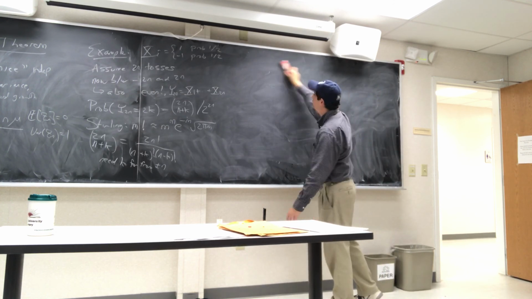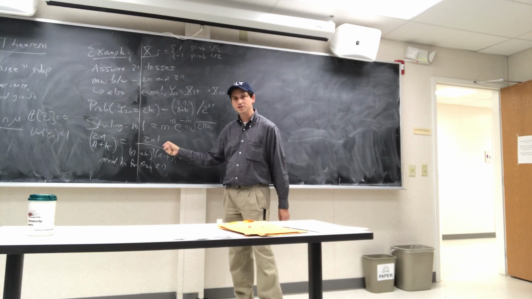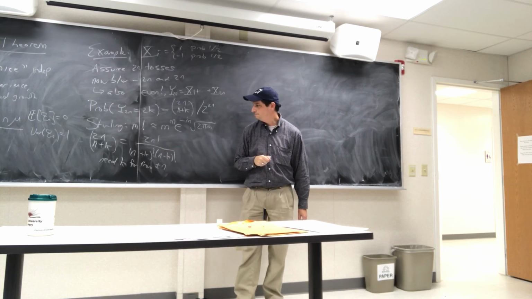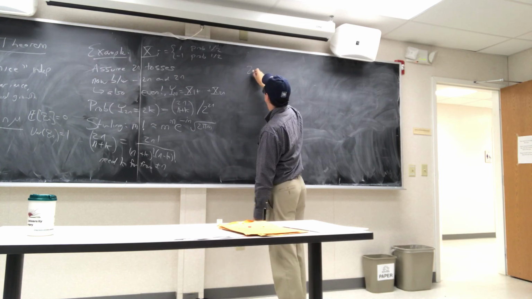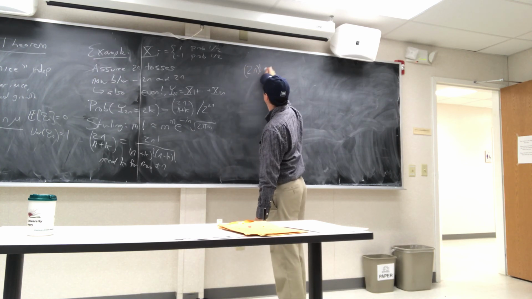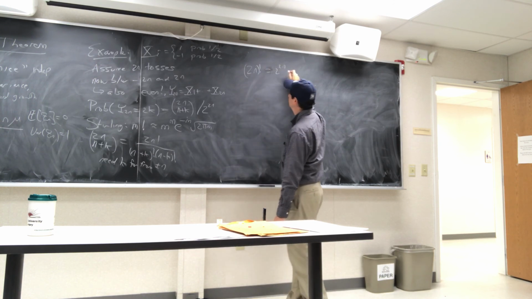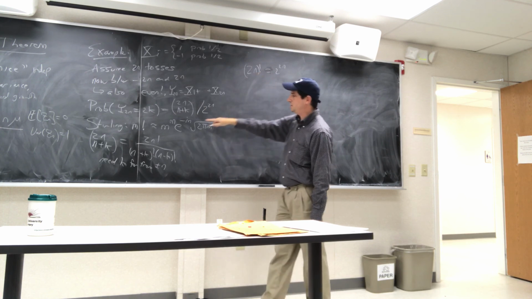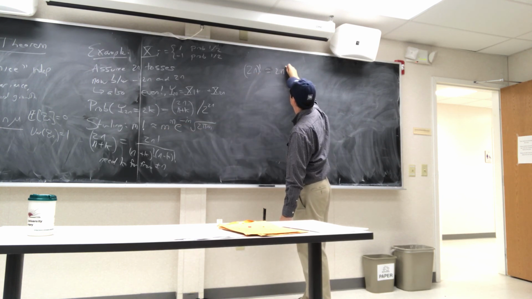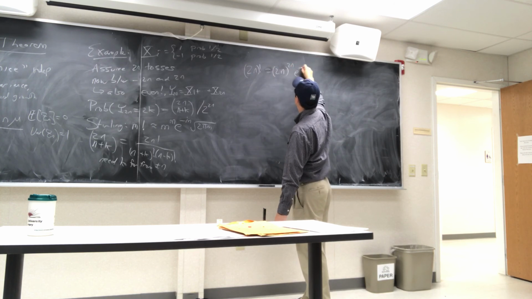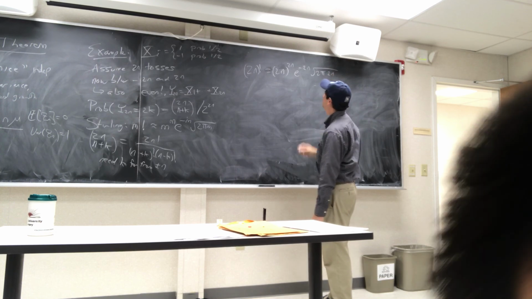All right, so now we need to start doing the analysis. Okay, so if I look at the 2n factorial, that's pretty easy to analyze. So 2n factorial is going to be, I'm just taking it's going to be 2n to the 2n, e to the minus 2n, square root of 2 pi times 2n.